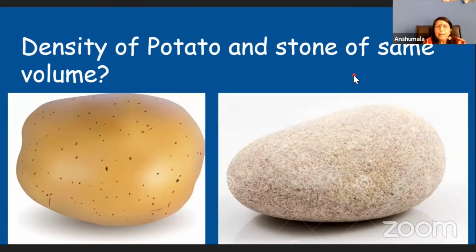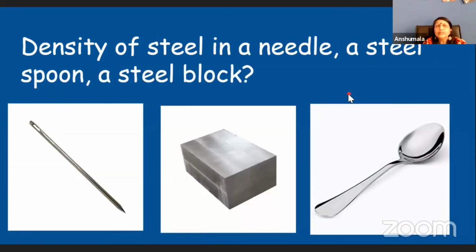So friends, the stone's density will be larger, even if the stone is bigger or smaller, and even if it's not the same size as the potato, its density would be larger. So what can you say about the density of a needle, a steel block, and a steel spoon?